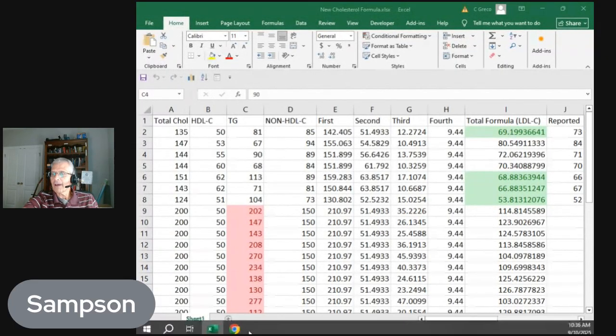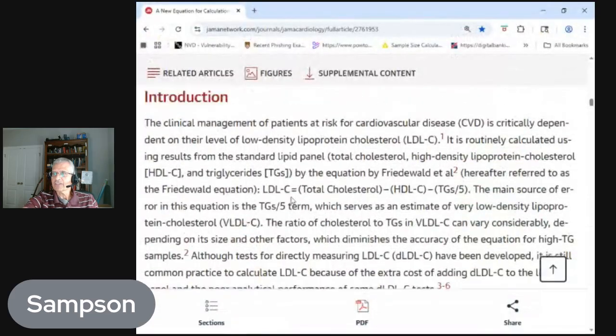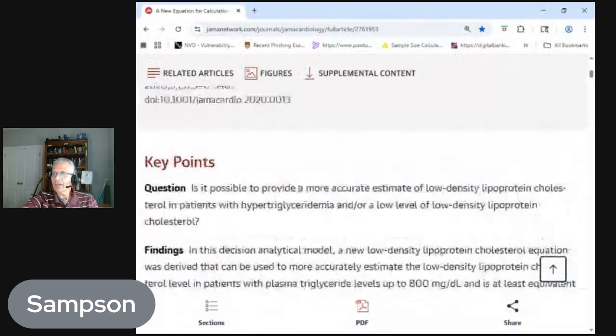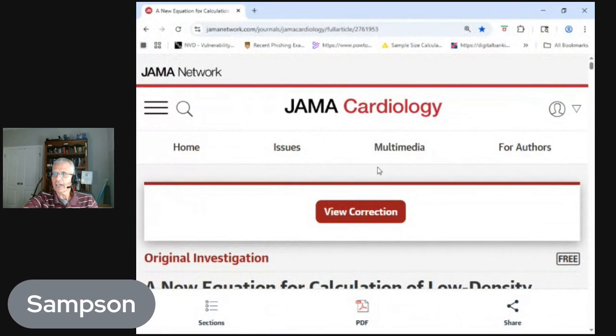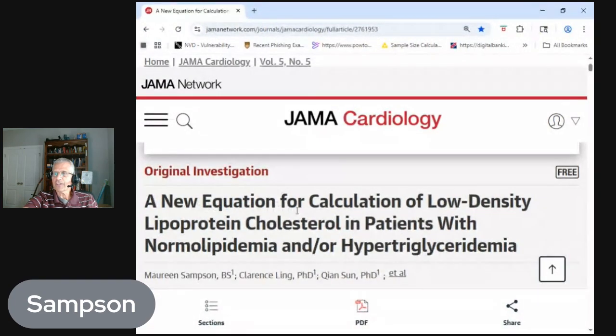So let's go to the actual study on this. This is a study by the Journal of the American Medical Association Cardiology: a new equation for calculation of low density lipoprotein cholesterol in patients with normolipidemia and/or hypertriglyceridemia. So it's like, what the heck does that mean?